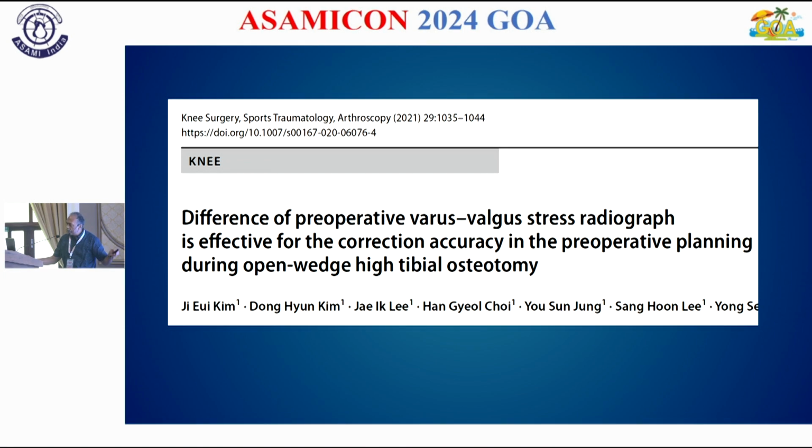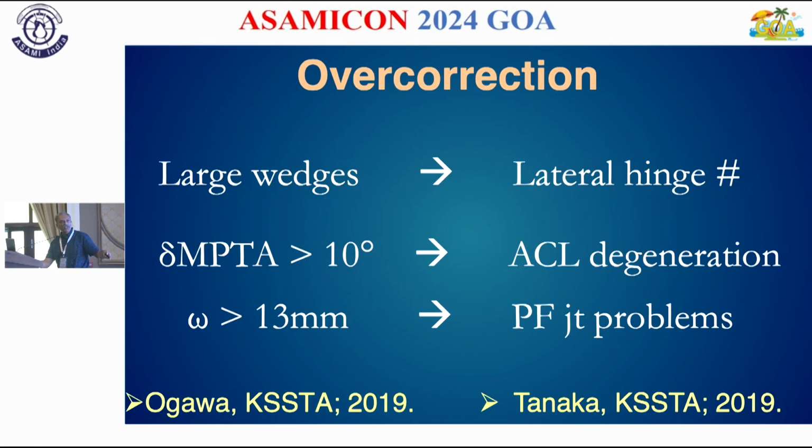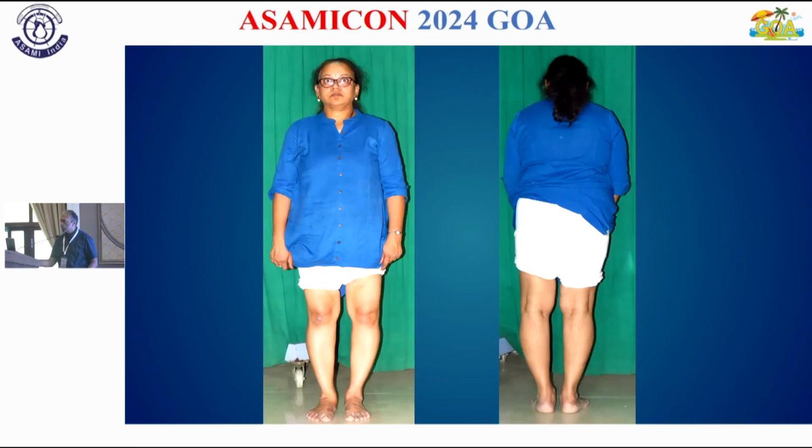Ideally, it needs an intra-articular osteotomy. I won't dwell upon this much, but if you were to choose a medial opening wedge, then you can subtract the valgus JLCA from the varus JLCA, divide by 2, and undercorrect a little bit so as to not overcorrect. With a large opening, you'll get a hinge fracture, ACL degeneration, and patellofemoral problems, well described in 2019.